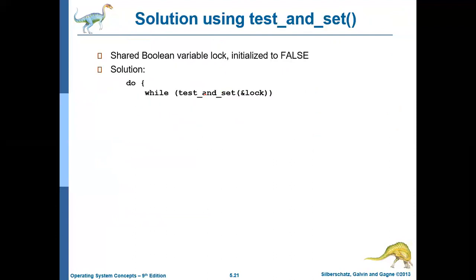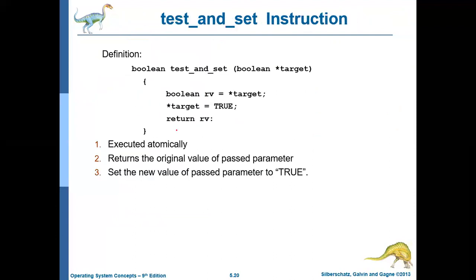If the actual value is false, then test and set receives target. Target is a pointer, pointing to some address, and that address contains false.